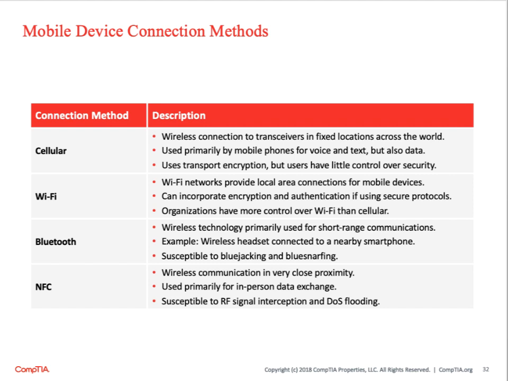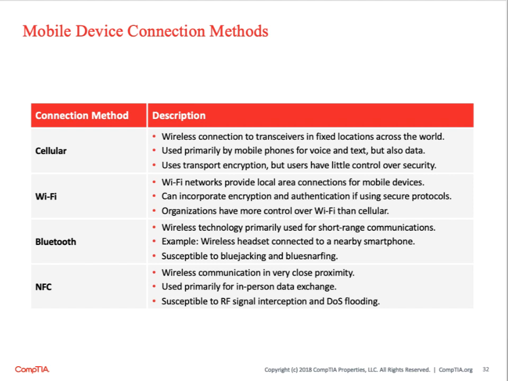We learned about some of these already, right? So WEP was an insecure configuration, and so we're not supposed to use that. We're not supposed to use WPA anymore, but we should be using WPA2. And so organizations are going to have a lot more control over Wi-Fi networks than a cellular network, right? Because you can control how your LAN is going to work, right? And what authentication mechanisms you use.